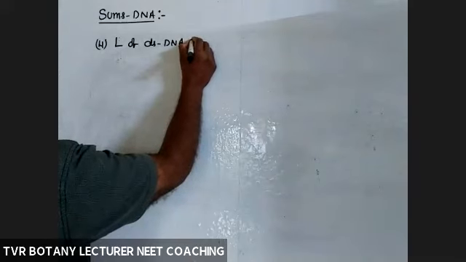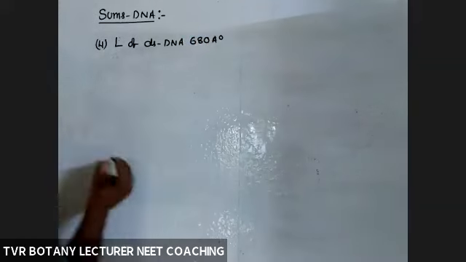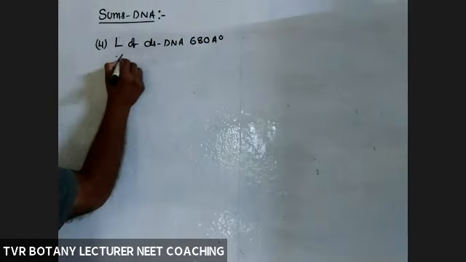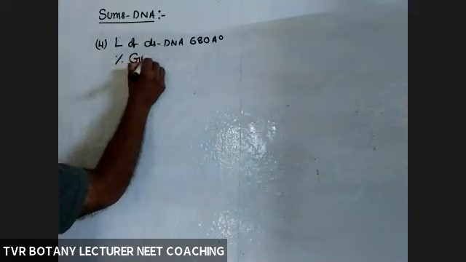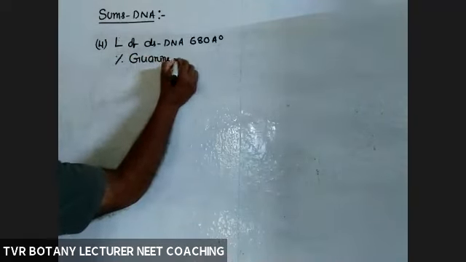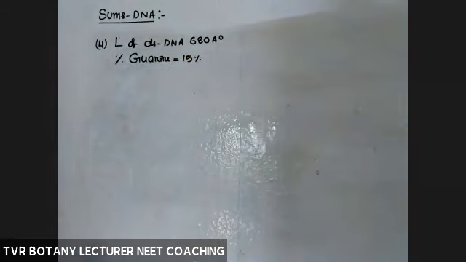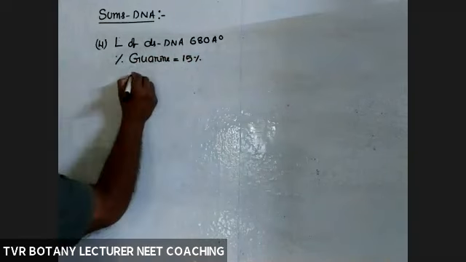I will take the same length, 680 angstroms. And the percentage of guanine is 15%. Length of dsDNA 680 angstroms. Percentage of guanine 15. So question is what is the number of adenine molecules?